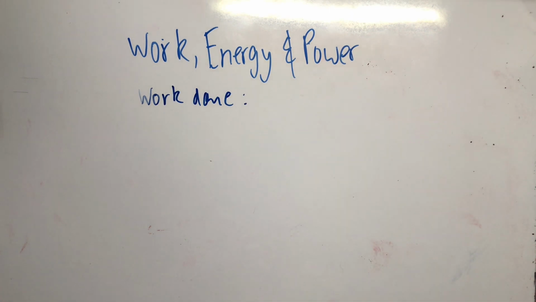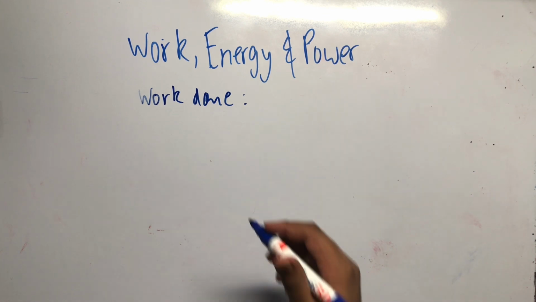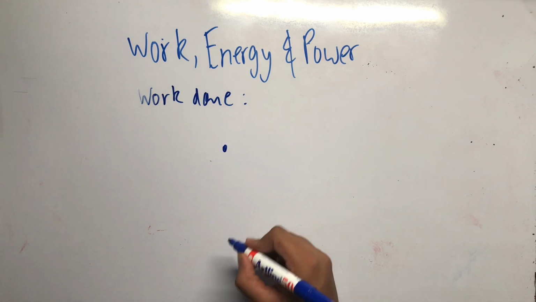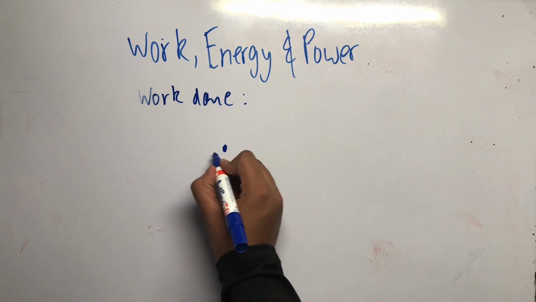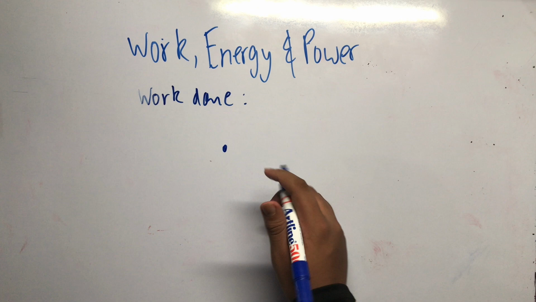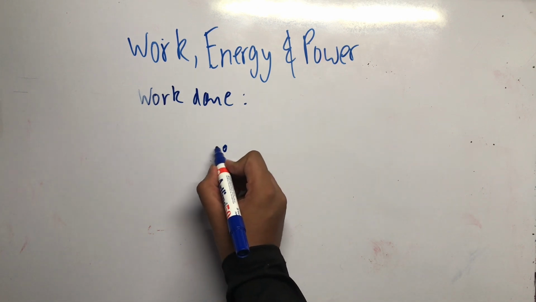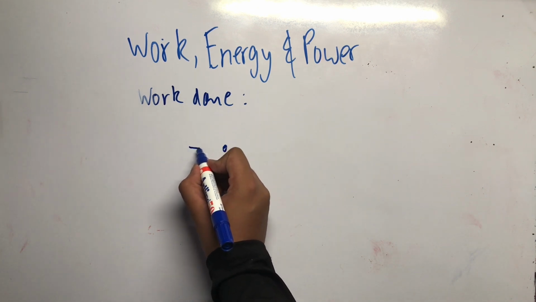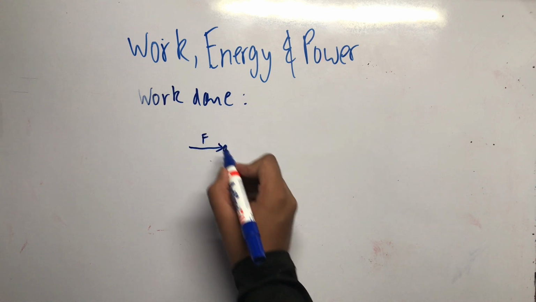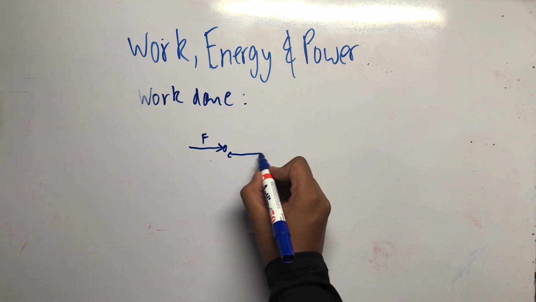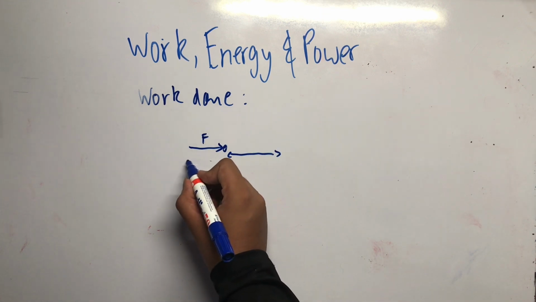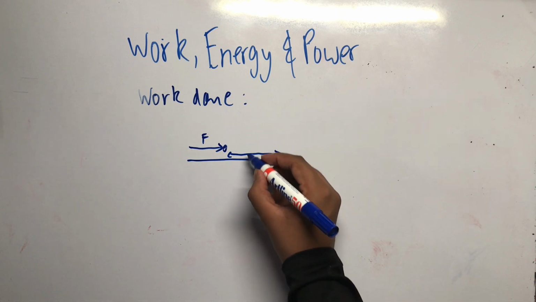So work is basically done by a force when it moves the point on which it is acting in the direction of the force. So let's say that this is the point and the force is acting in this direction, and this has caused the object to move a particular distance d.